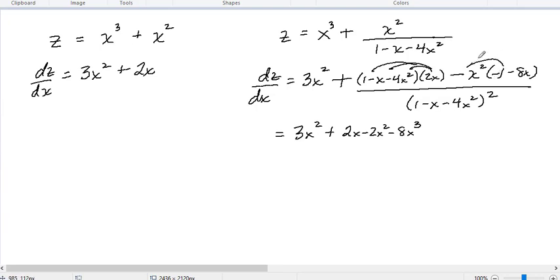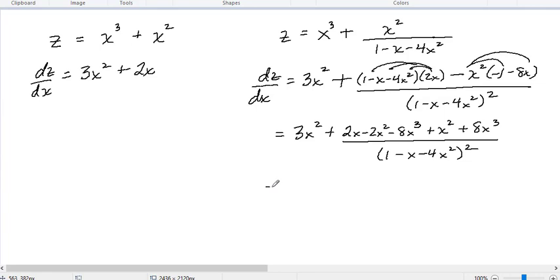Over here, distribute the negative x squared through, makes a positive x squared, positive 8x cubed. This part is over the denominator squared. You do not have to get a common denominator with your 3x squared. That's good news. You just have to clean up this part.